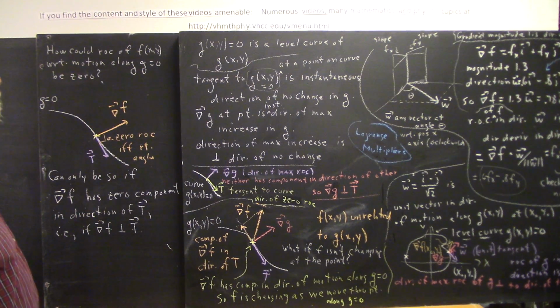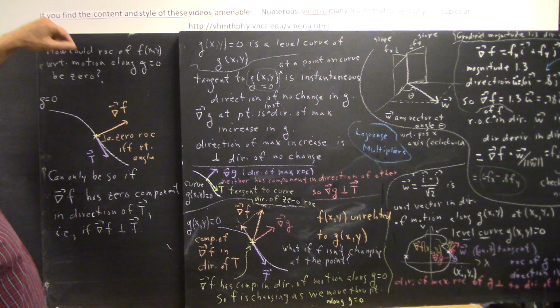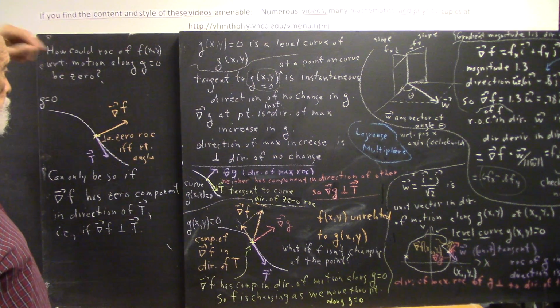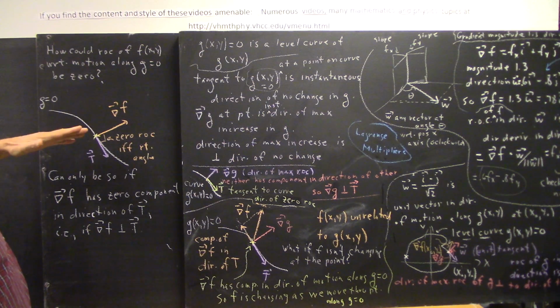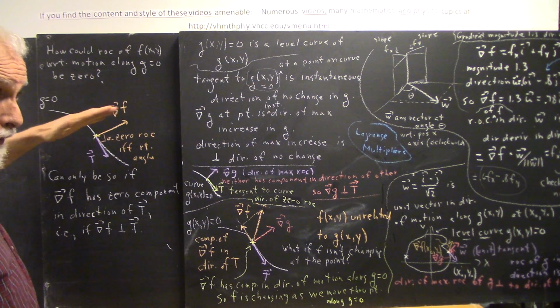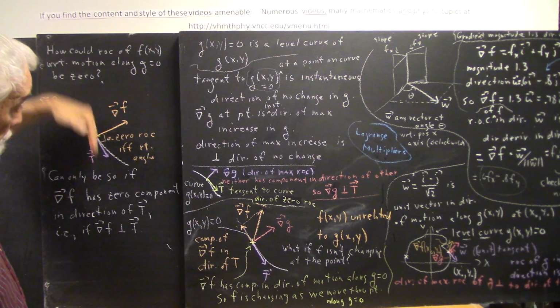Okay, well here, the rate of change of f of xy with respect to movement along g is 0 whenever the picture looks like this. Whenever your gradient, which is your direction of maximum increase, has no component in the direction of t.